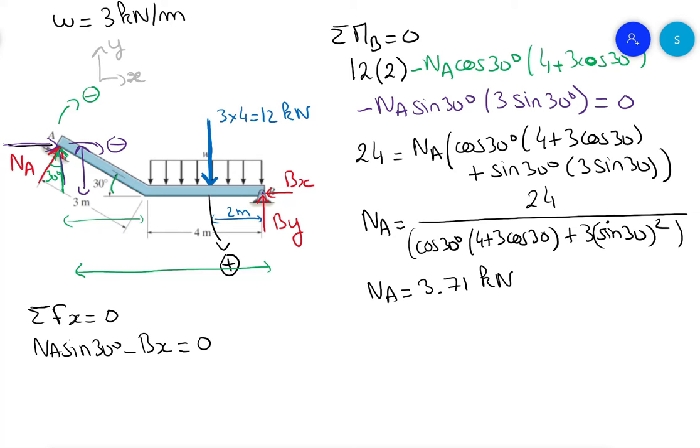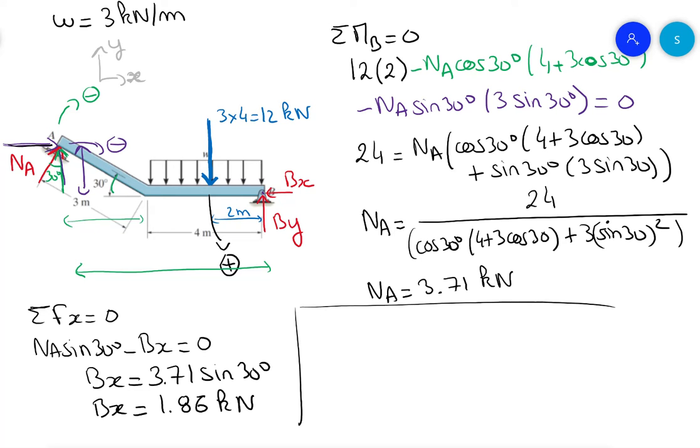There's no other possibility. So BX is equal to NA, 3.71 sine 30. So this one, sine 30. 1.186 kilonewton.